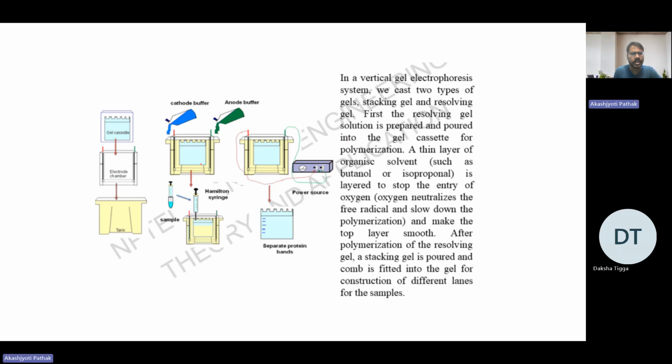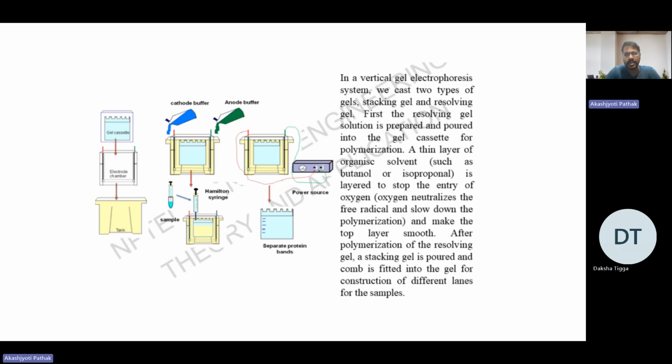So this is how the setup of an SDS-PAGE apparatus looks. You have a gel cassette, and then you have your electrode chamber. Actually, these things are very difficult to make you understand, so you can go through the demo video where one of the students demonstrated how you can set up the gel apparatus.